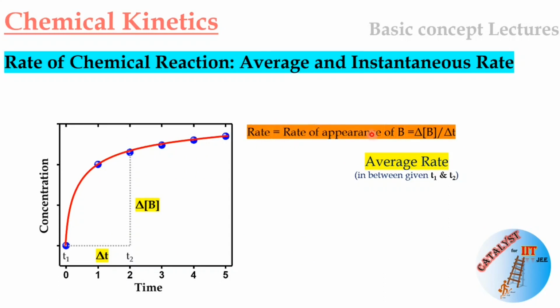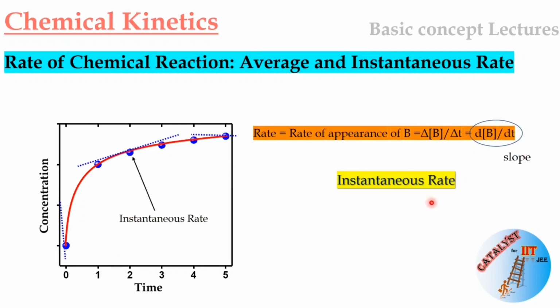The rate in terms of appearance of B is delta B by delta T, and in this region this will be my average rate, whereas we can calculate the instantaneous rate by the slope of the curve at any point, dB by dt. The slope at this point is higher, and when the reaction goes towards completion, the slope of the curve decreases. So these are the instantaneous rates at this point and initially at this point.